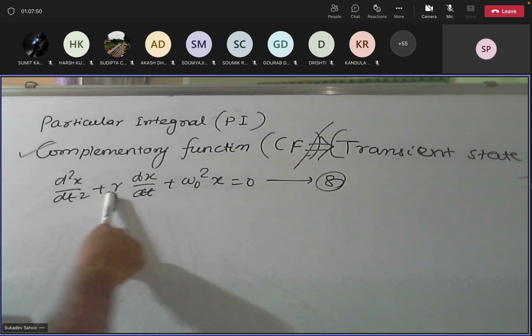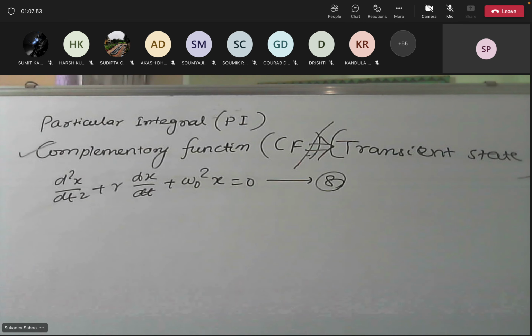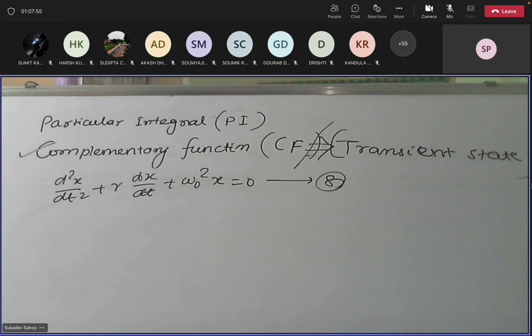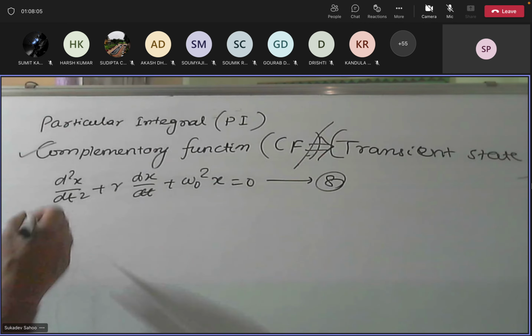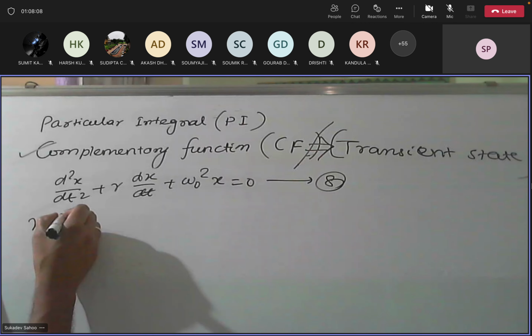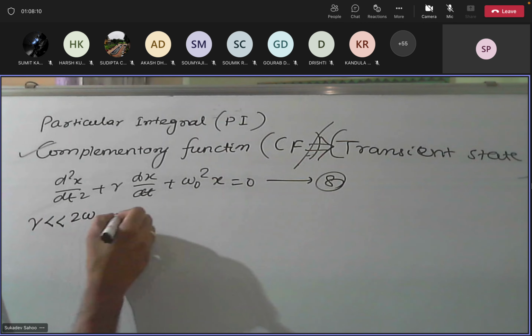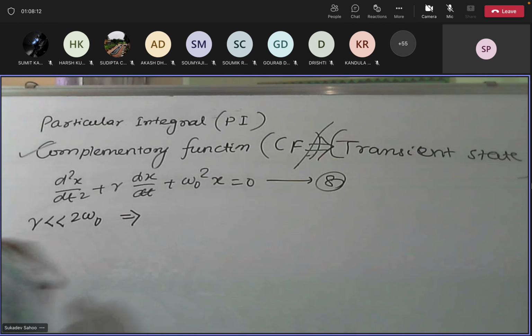Now you will see that this equation is the same as the equation of motion for a damped oscillator, if you remember. In this case we have already studied that when gamma is less than 2 omega 0, we have the condition of small damping.